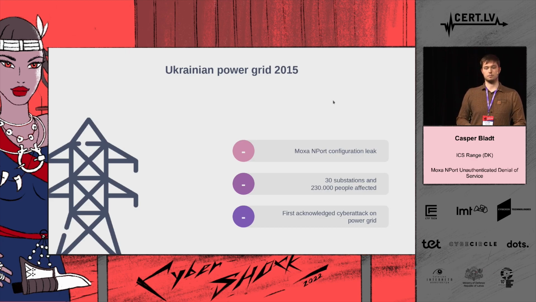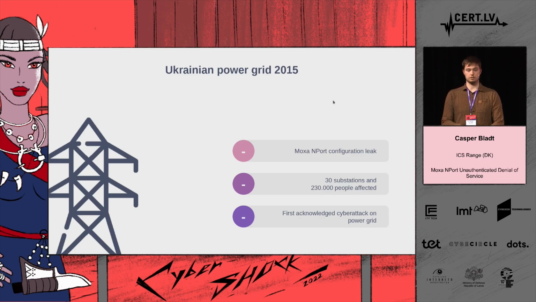In this case, it was some IEC 104 controlled breakers, or big relays, that were actually controlling substations in this power grid.